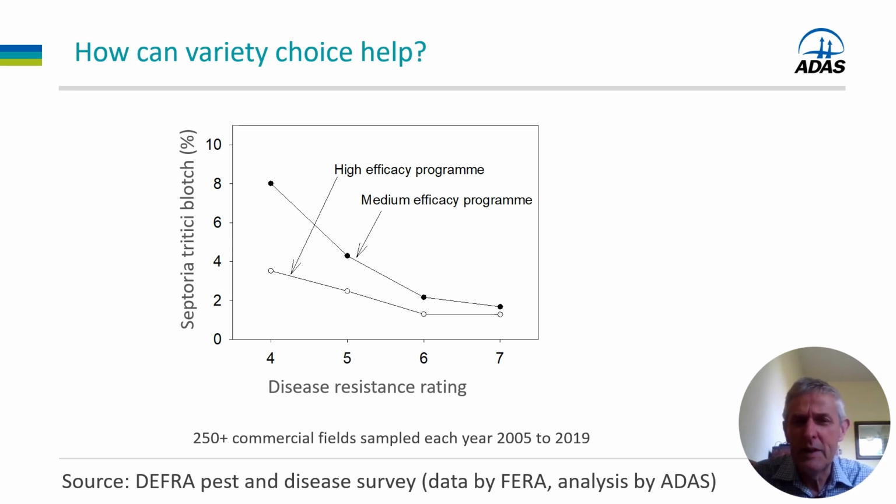But when we look at the data, we're still not really making sufficient use of this host resistance and having sufficient confidence in it to reduce the intensity of the fungicide programs that we're using. And to understand why that is, I think we need to look a little more into the different types of host resistance.